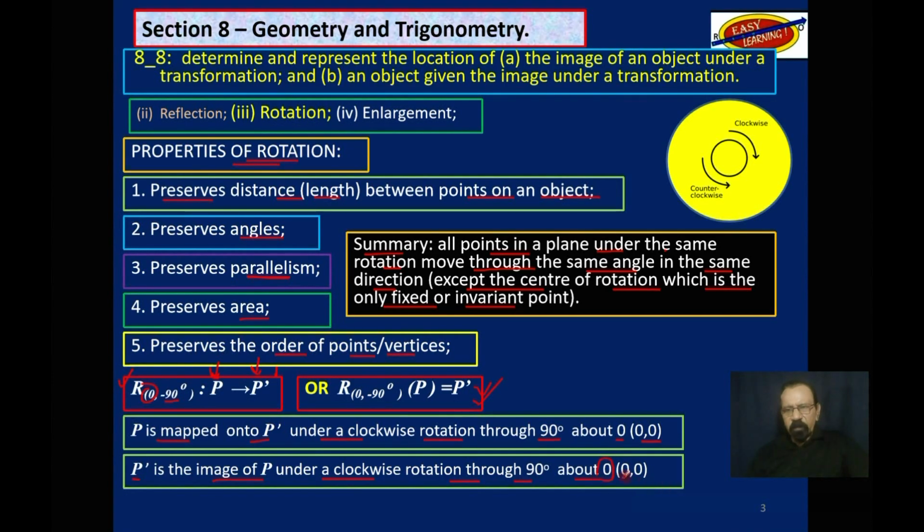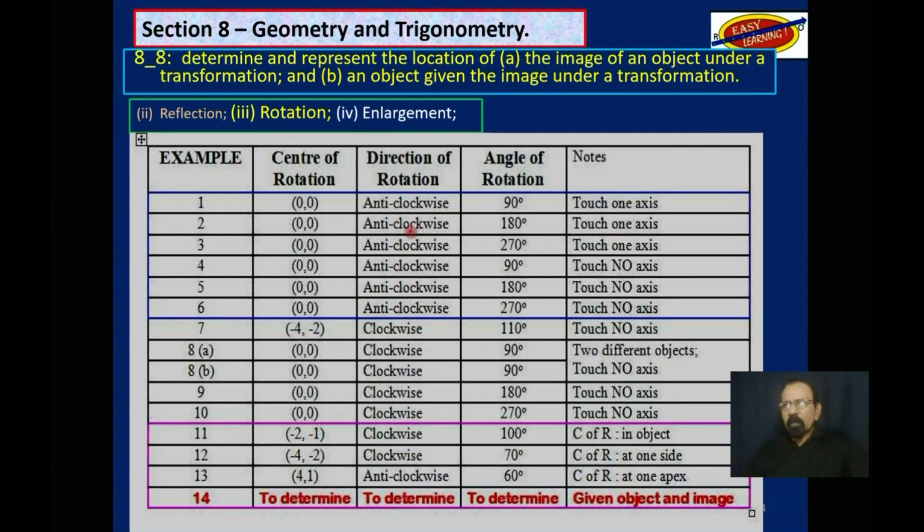Now, we are going to do quite a lot on rotation. As you could see here, we have 14 examples to do on rotation. The first 6, the center of rotation is 0, 0.